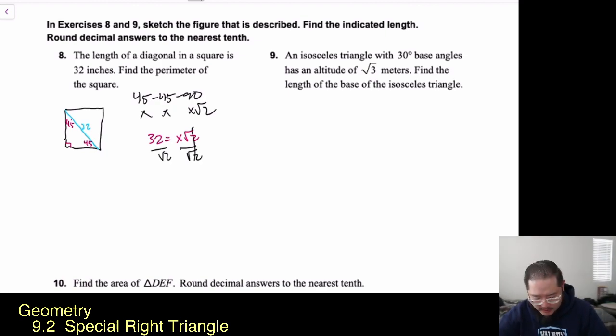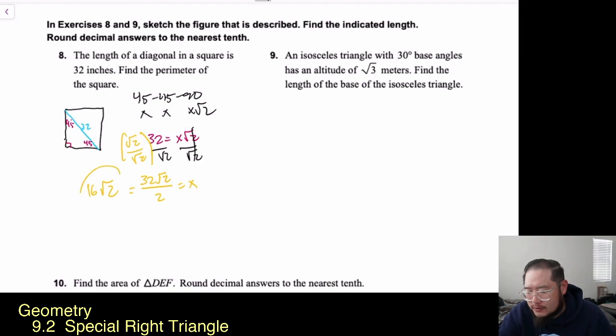And then unfortunately right here we do have to rationalize the denominator. So I got rad 2 times rad 2. And so we got 32 rad 2 over 2, and that is equal to x. We could simplify this. 32 can be divided by 2 nicely, and so we have ourselves 16 rad 2.